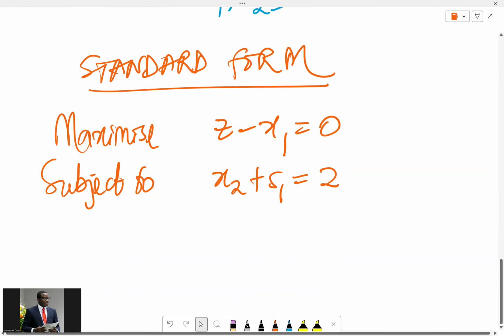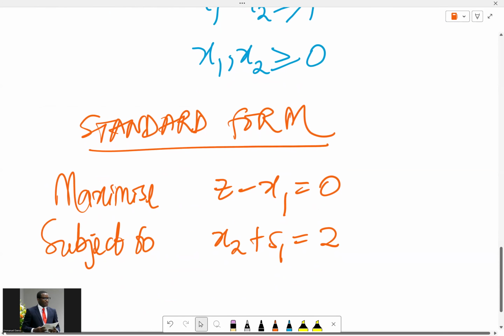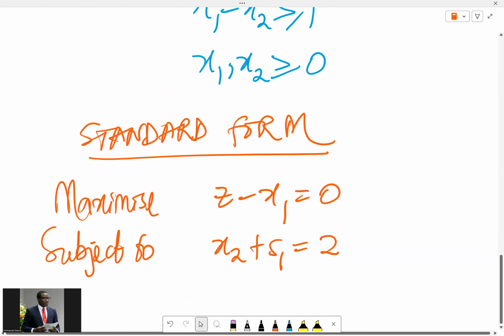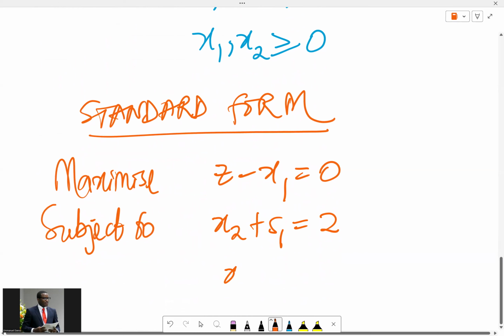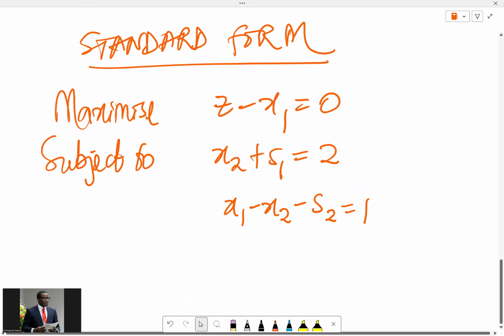Now, normally here we have x1 minus x2 greater than or equal to 1. So we need to introduce a surplus variable, such that we now have x1 minus x2 minus s2. We need to subtract something from this so it can be equal to 1. And that is actually a surplus variable.